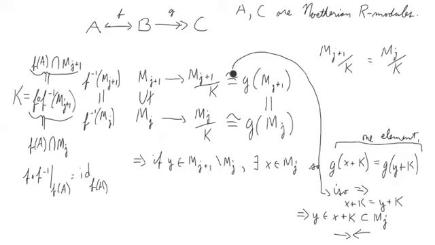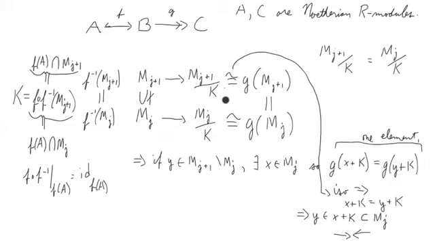So let's remember that. Again, we're taking some y that's in m_{j+1} but not in m_j, and we look at its coset. Because these images are the same, there has to be a coset coming from over here that maps to the same place. So the image of x + K is the same as the image of y + K for some x.